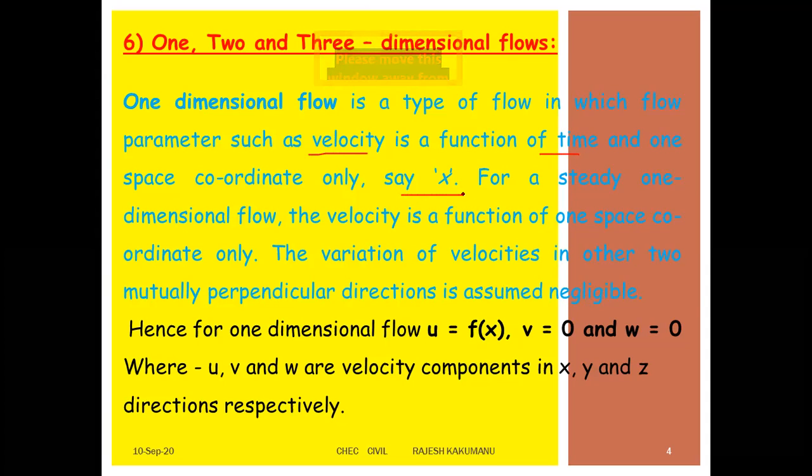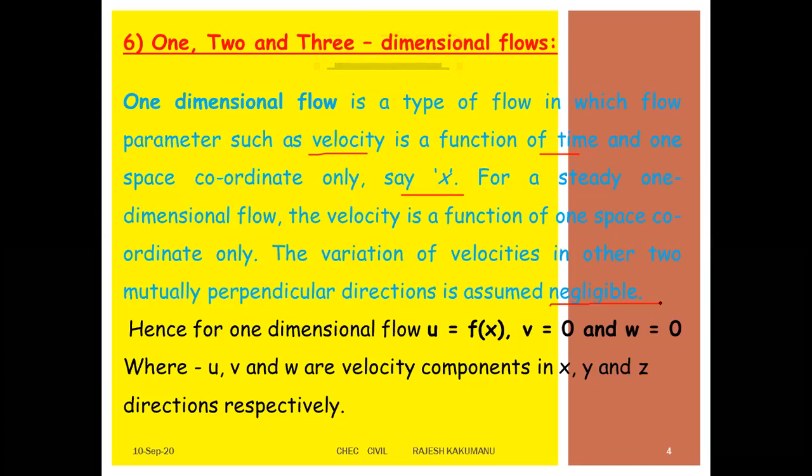For a steady one-dimensional flow, the velocity is a function of one space coordinate only. The variation of velocities in the other two mutually perpendicular directions is assumed negligible. So in one-dimensional flow, the other axes, the y-axis and z-axis, are negligible. We are making them 0. Only the x-axis we are considering.